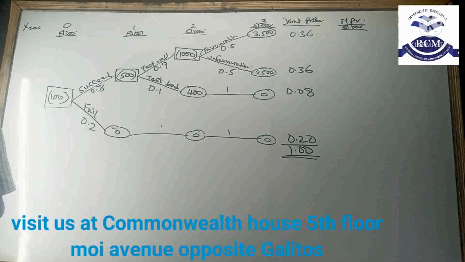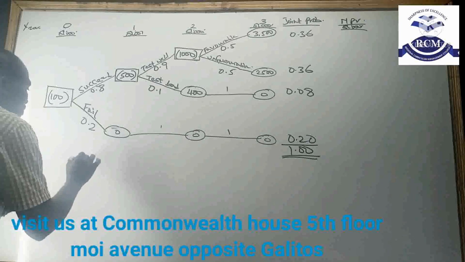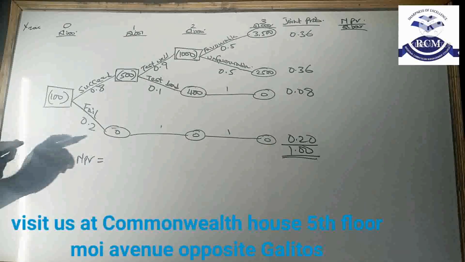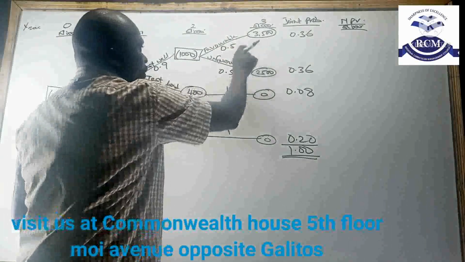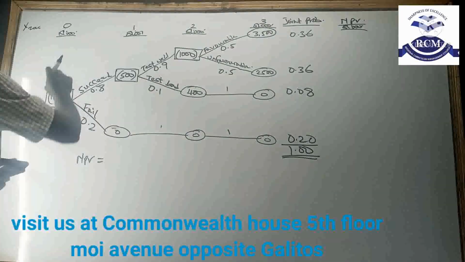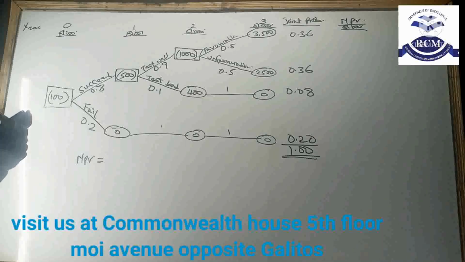Total probability is 1. Now the NPV, let me have here a working to show the NPV. Like the first one, these are the cash flows of year 1, year 2, year 3, and we have the initial outlay. The cost of capital, as we were told, is 11%.